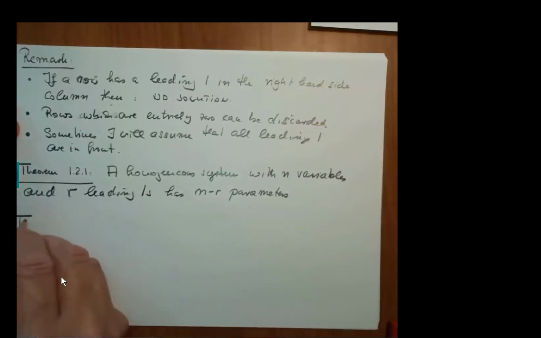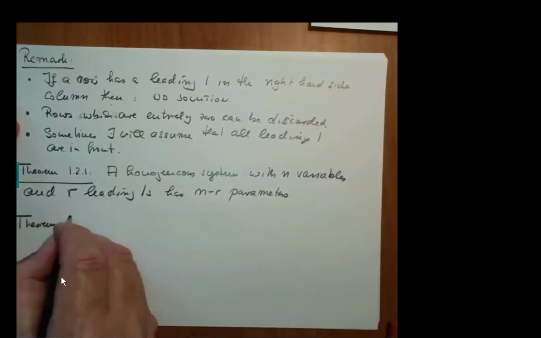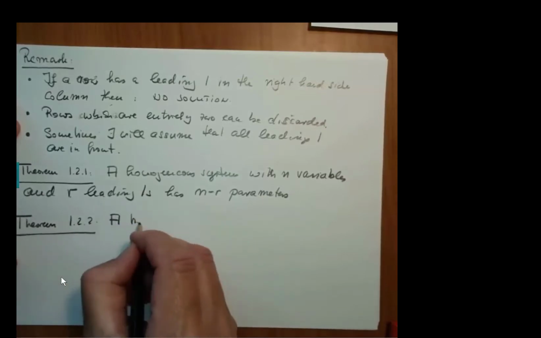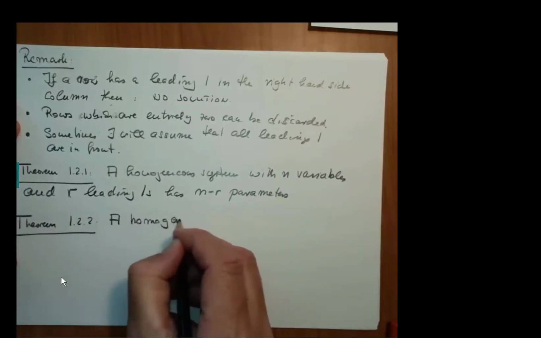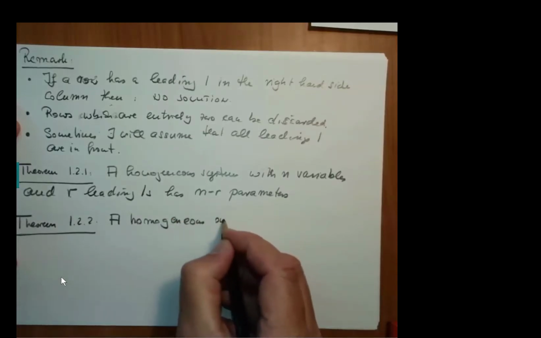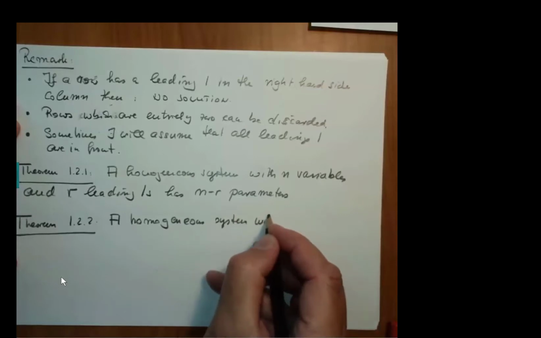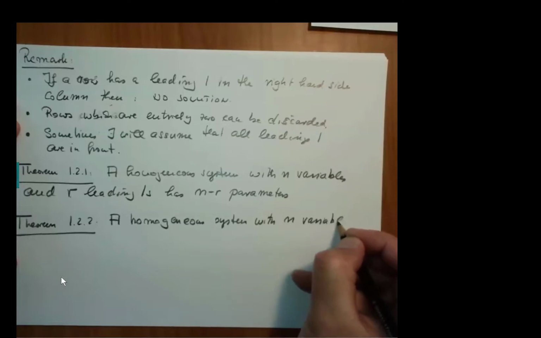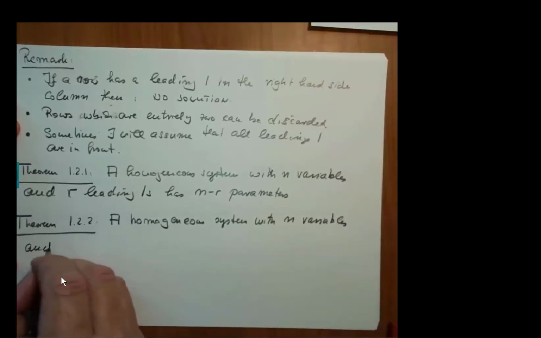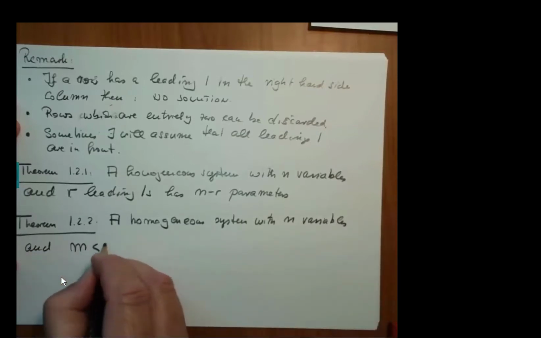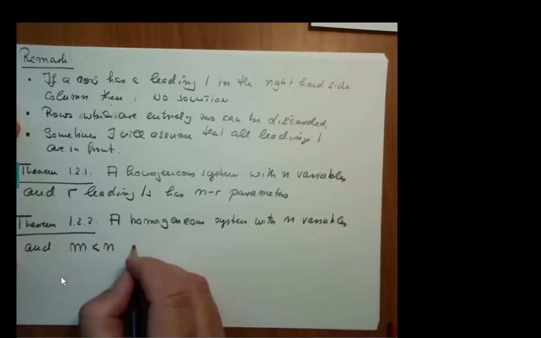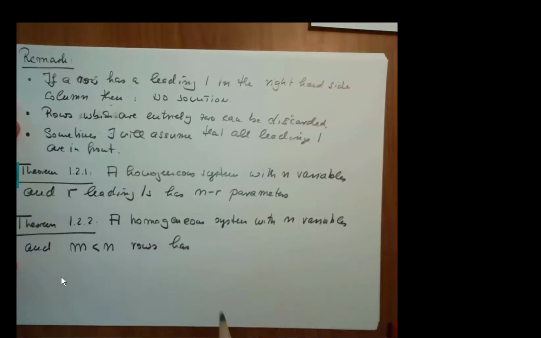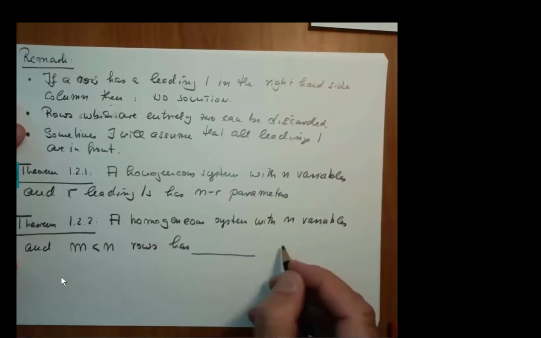And then similar to this, and that's, I promise, really the last one, and then we are done. It's again about a homogeneous system, which are always kind of easier. A homogeneous system with n variables and m smaller than n rows has how many solutions?